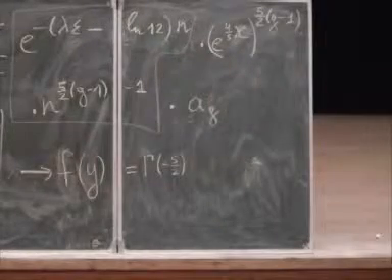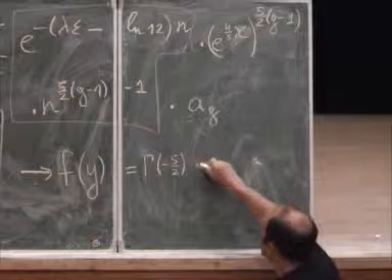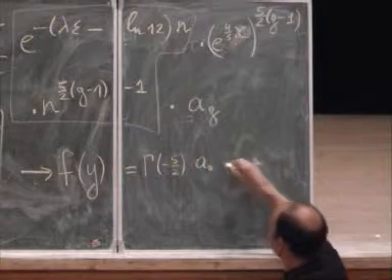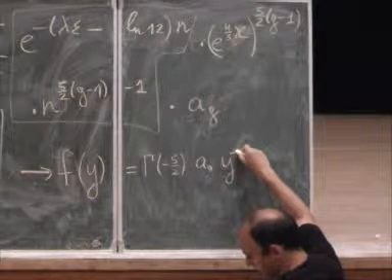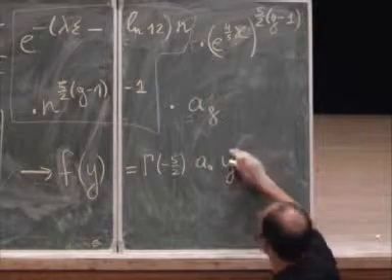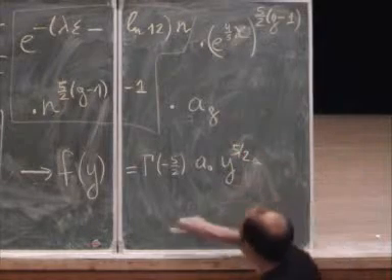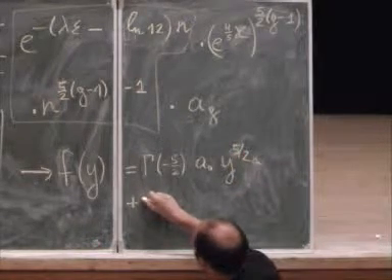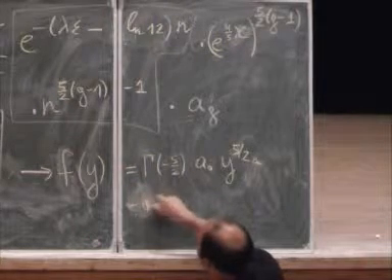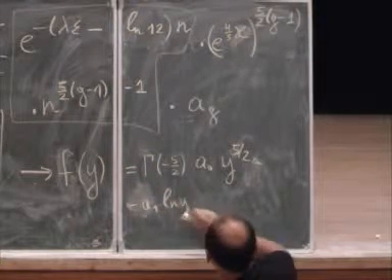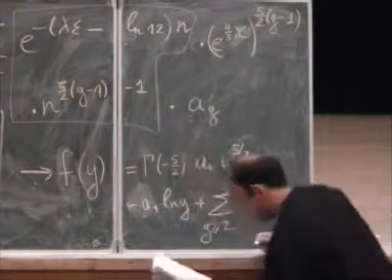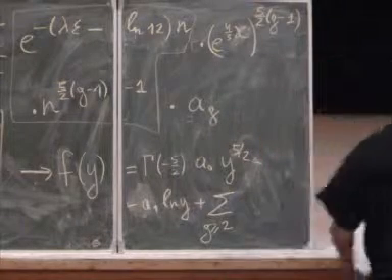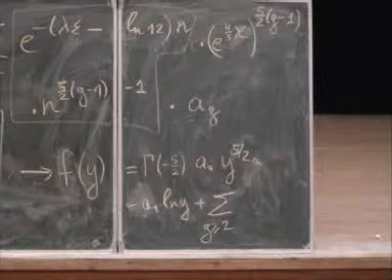Gamma of minus 5/2 times a_0 y to the power 5/2, plus minus a_1 logarithm y, and plus the sum over g greater than or equal to 2. Again, I don't have enough place, I'll write it again.